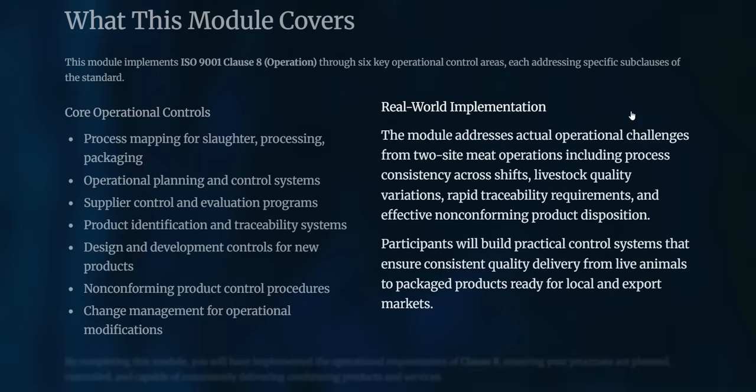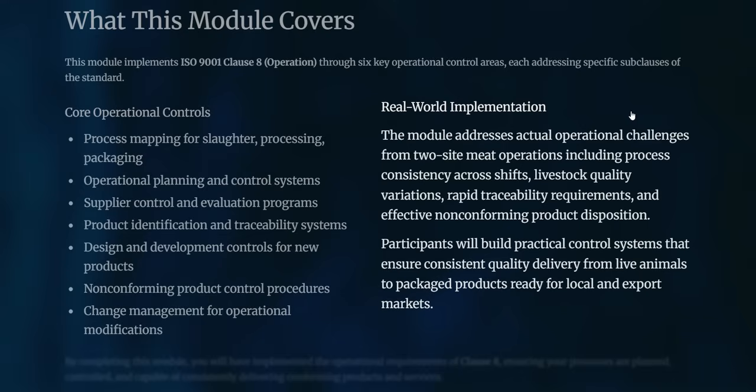Participants, including yourself, will build practical control systems that ensure consistent quality delivery from raw material to the final product, but in our case study, it is from live animal to packed product ready for local and international markets.